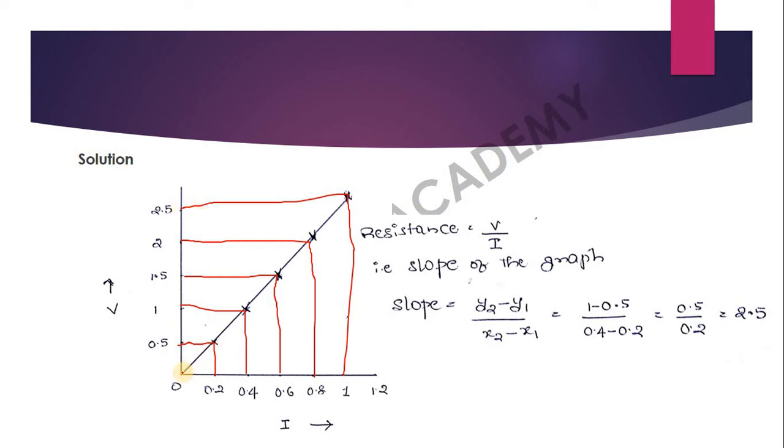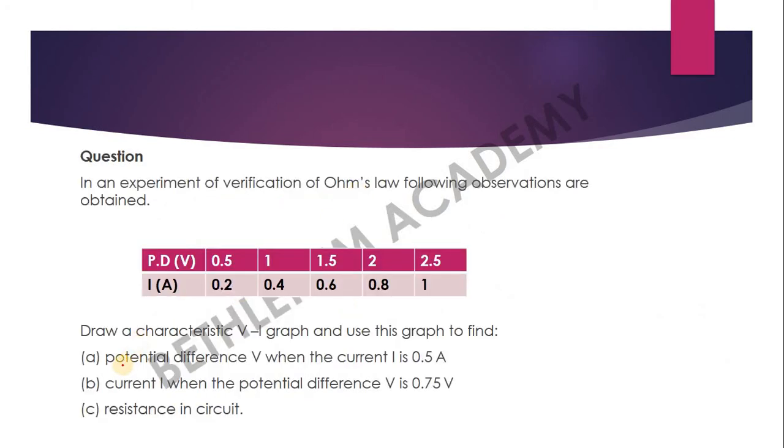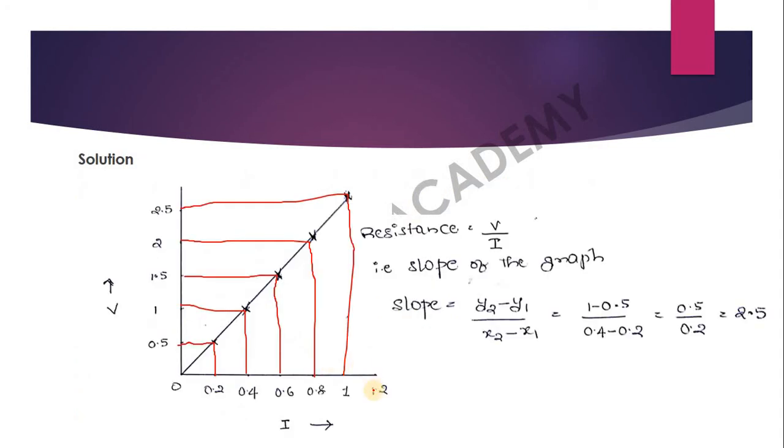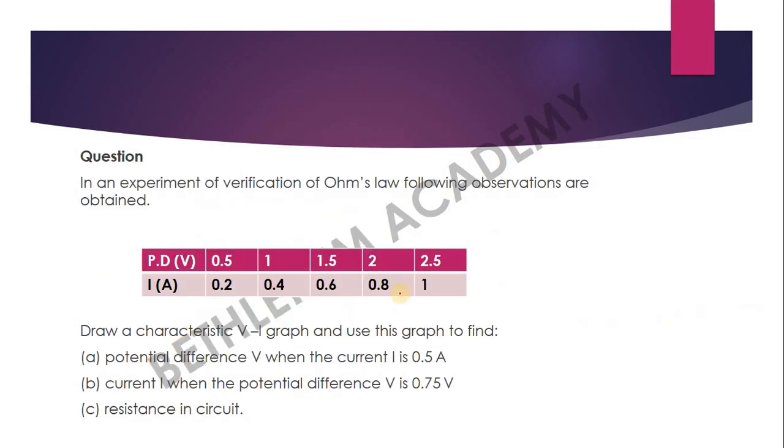When you draw the graph, every point falls on a straight line, and once you have that, you can find out the potential difference when the current is equal to 0.5 amperes. Take the 0.5 line and find out the voltage. That means you need to read the value on the y-axis. This would be the voltage that corresponds to 0.5 amperes.